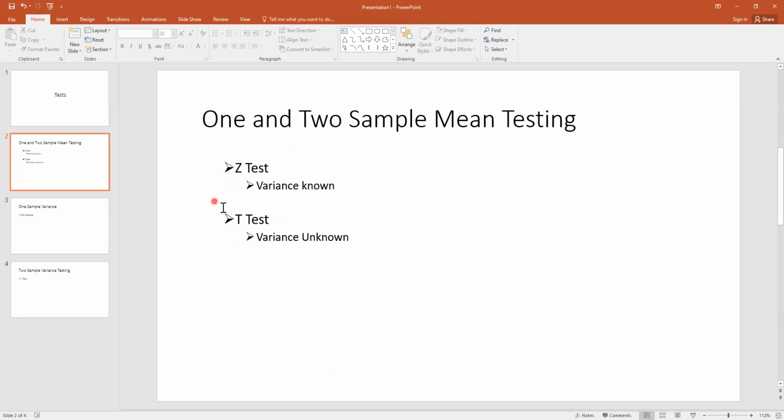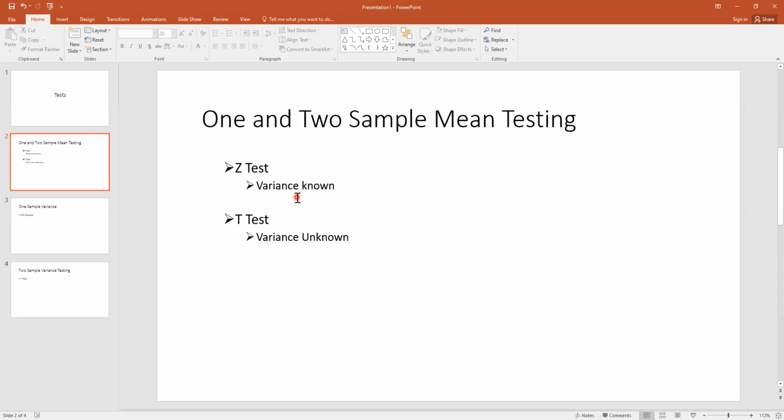So in this video, you will learn about the Z and t-test. If we want to test one sample mean, then choose the Z. If you want to test one sample mean, but the variances are unknown, choose the T. And similarly for two sample mean testing. So for the mean testing, we have only Z and T tests. Choose accordingly, and the main assumption is the variance.